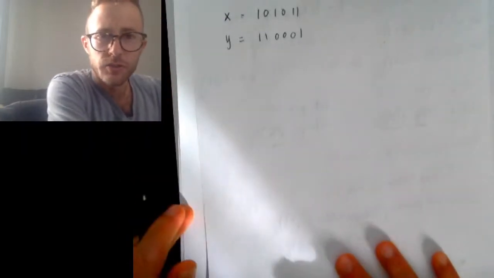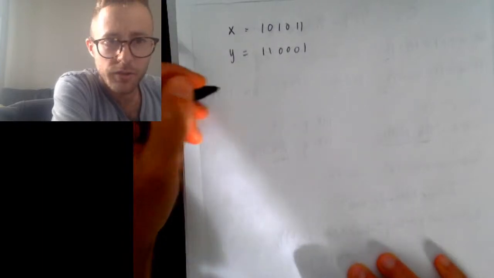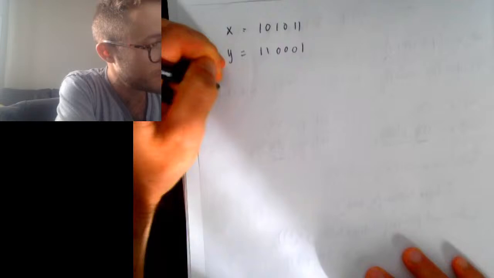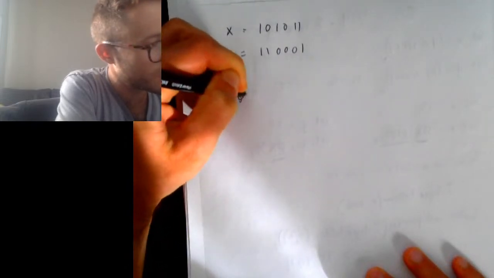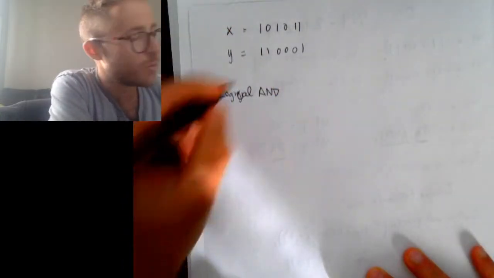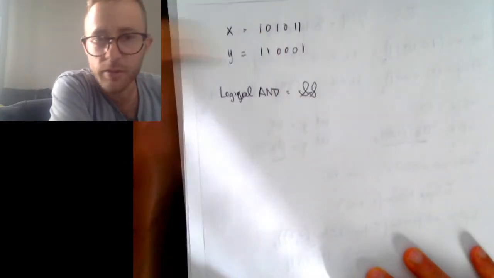Okay, so we learned about the logical and. So the logical and, which in Java is the 2 ampersands, one after the other.